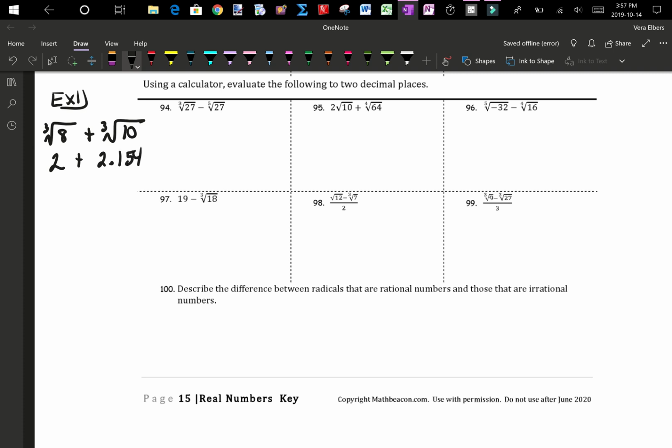Now I'm going to add 2 plus 2.154, and I get 4.154, which when I round off to the nearest hundredth, or 2 decimal places, is 4.15. Now, you can check your answer by typing the whole thing into the calculator.